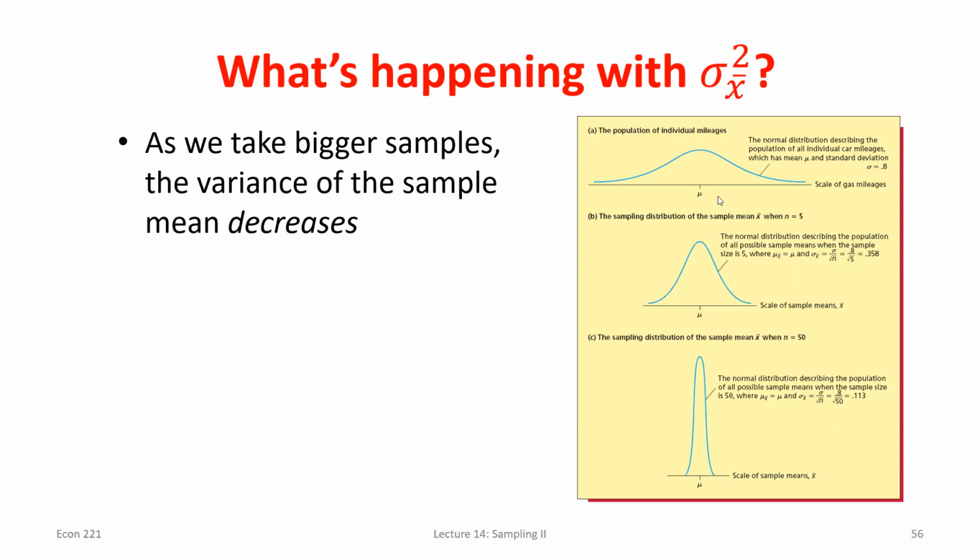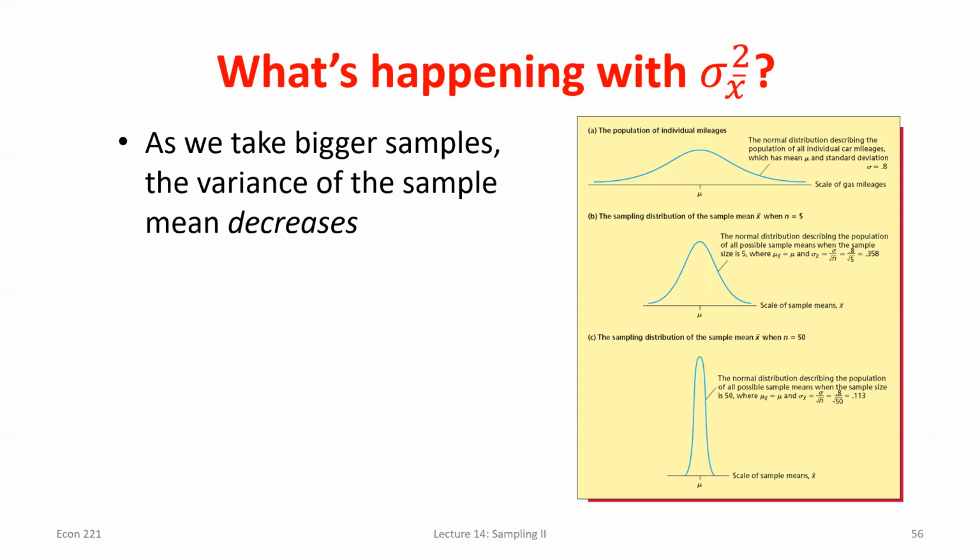If I start out with my original data, I take a sample of size 5, a sample of size 50. Notice that when I take larger samples, the variance of the distribution of my sample means should be going down, which with a lower variance means more of the values I'm seeing are right around that mean. And so I get this more peaked distribution. We said when the variance is low, I get a really peaked distribution.